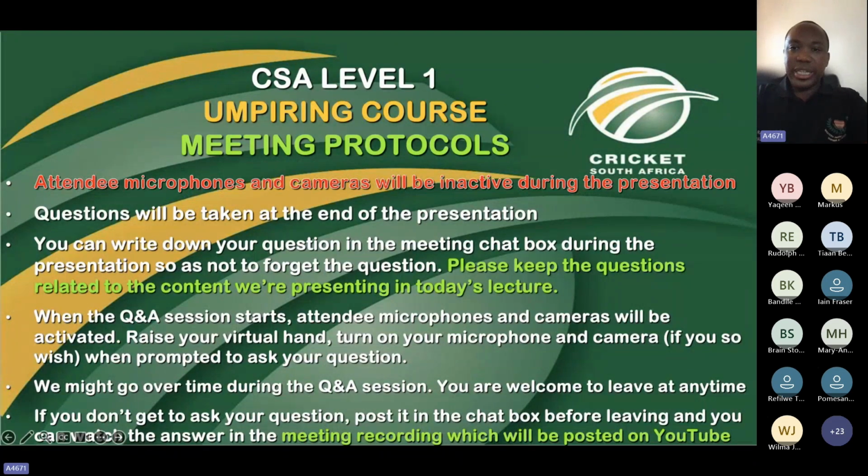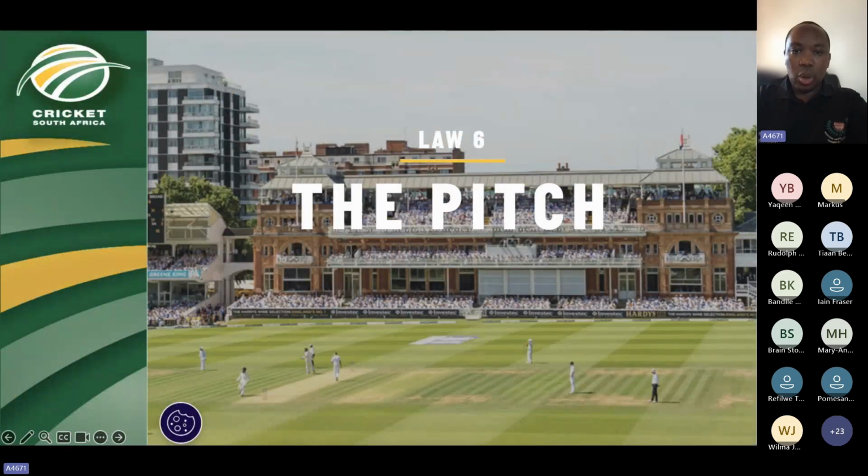So let's move on to the content for tonight's lecture, starting with Law 6, the pitch. Here we have a beautiful picture of the home of cricket, Lord's Cricket Ground, which has got a lot of strips on its square. And of course, you can see the playing pitch for that particular match is towards the bottom left-hand corner of the picture.